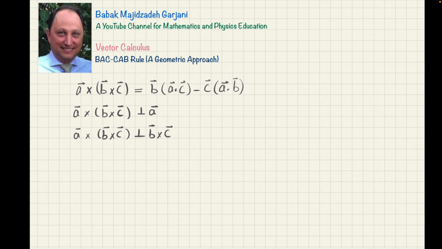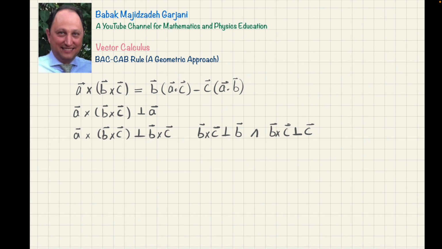Yes? But we already know that B cross C is a vector that is perpendicular to B, and B cross C is perpendicular to C. Okay, now let us see what happens. This vector is perpendicular to B cross C.